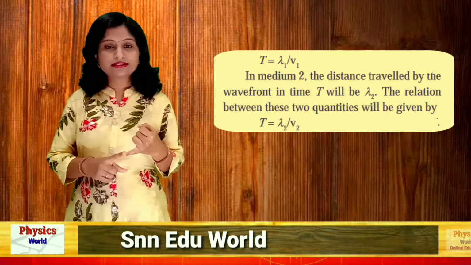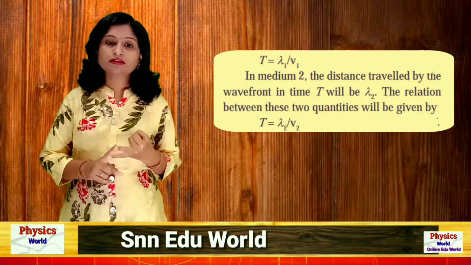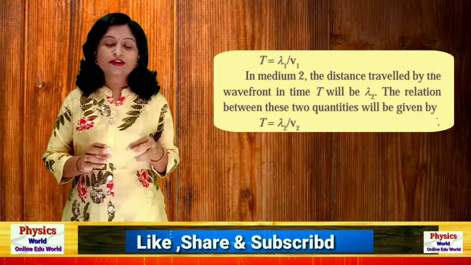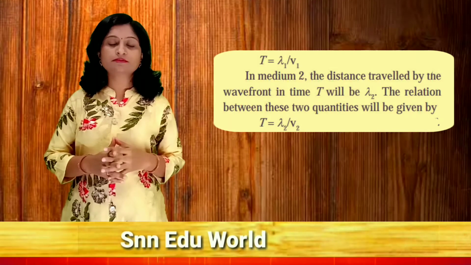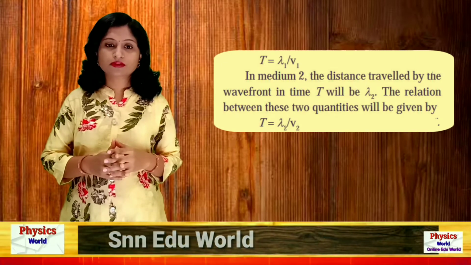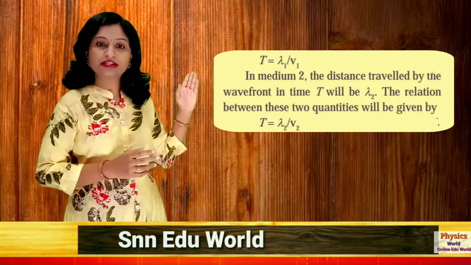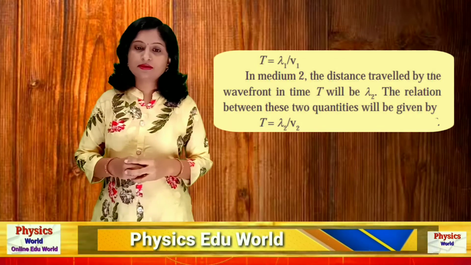Lambda 1 is the distance, velocity V1 in the medium 1, velocity of light or velocity of wavefront. So velocity is a simple formula from which this formula is derived. Velocity is equal to displacement divided by time. So if we want to find time, we can cross multiply and derive this formula: T is equal to lambda 1 divided by V1.